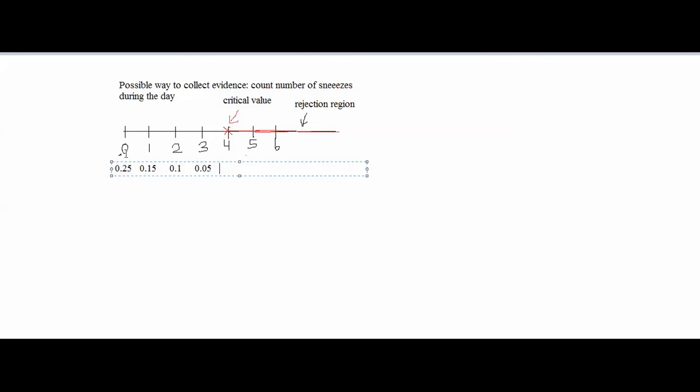So let's say that 4 times only has a 0.03 chance of happening on a day when the null is true and I'm not sick. Let's say that 5 times only has a 0.015 chance of happening.